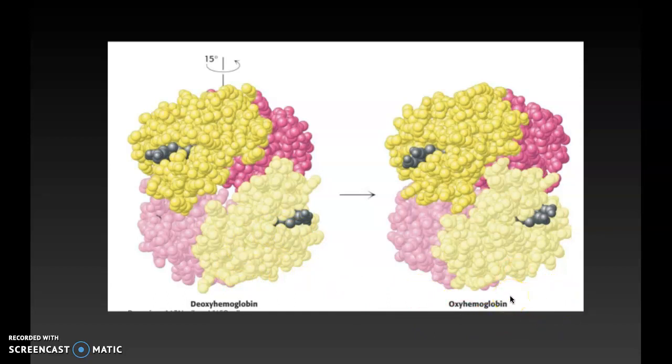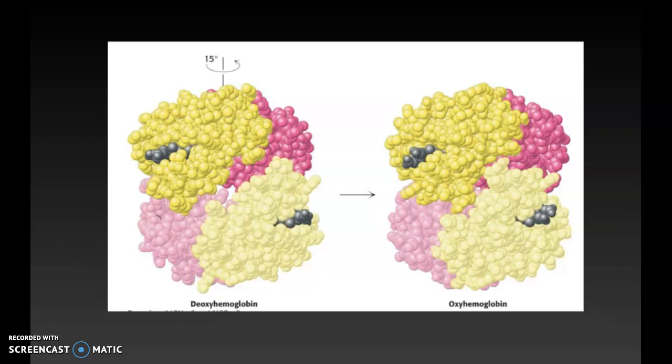This is because upon oxygenation, one alpha beta dimer shifts with respect to the other by a rotation of 15 degrees, as noted there, which allows for increased communication between the subunits, which allows for increased binding of oxygen. This is why hemoglobin's affinity for oxygen increases as more oxygen binds to the heme group.